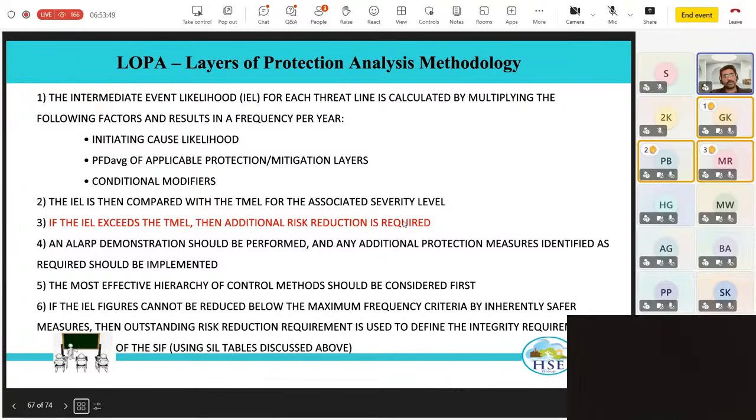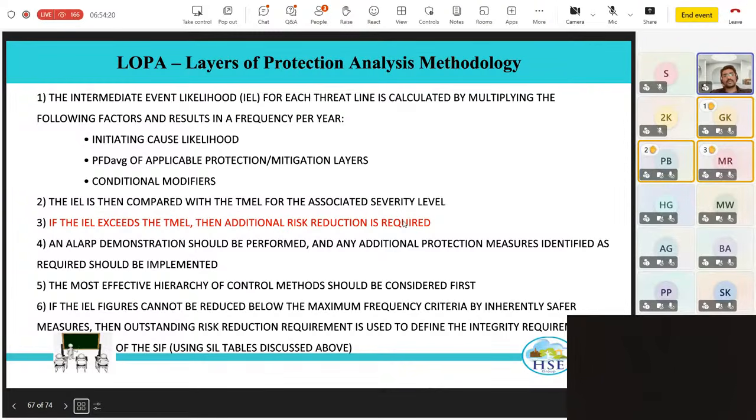And then third, you also look at the possibility that if all of these are not doable, then you look at an inherently safer design, whereby you look at higher design parameters or measures which can reduce the risk. This is usually done when the SIL is going to a much higher level of more than 3. Okay. If the IEL figures cannot be reduced below the maximum frequency criteria by inherently safer design measures, then outstanding risk reduction is used to define the integrity requirements of the SIF using the SIL tables discussed above.